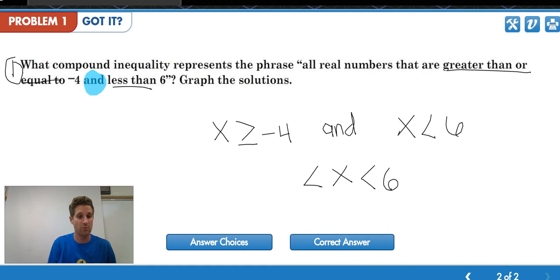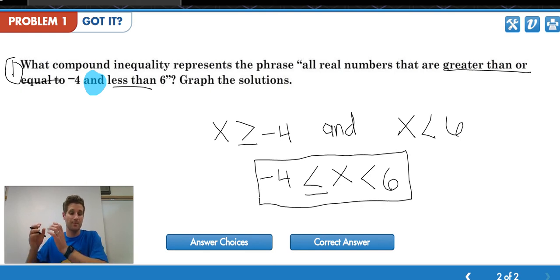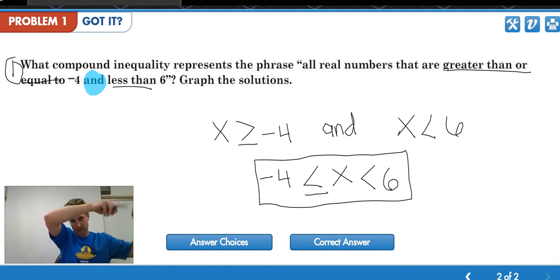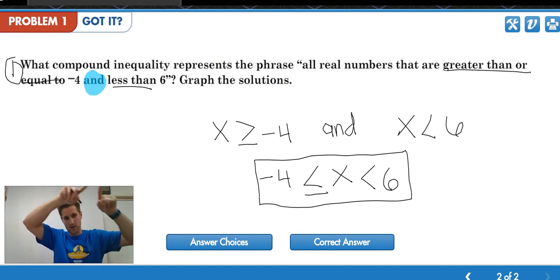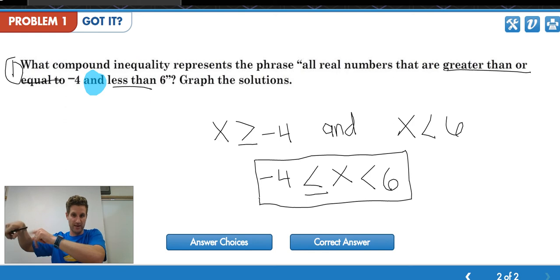Always put the bigger number on the right, just like you would on the number line, and the smaller number on the left. So 6 is bigger than x, and x is bigger than negative 4. Where does the equal bar go? It has to go with the negative 4, so we put it there, and there's our answer. Again, the biggest number goes on the right side and the smaller number goes on the left side. And there we have a compound inequality. That's when we have the word and.